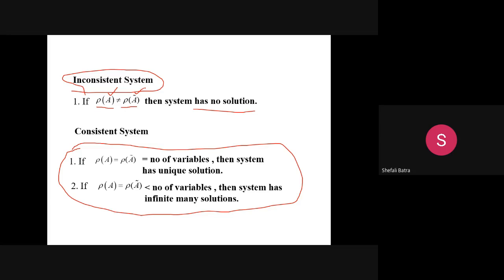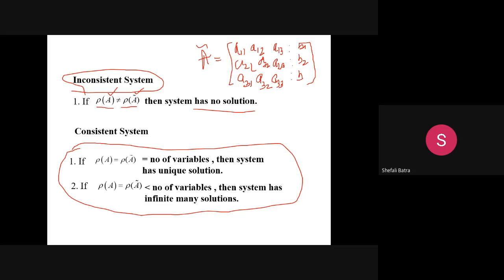So when you solve the system of equations, what will you do? You will directly write the augmented matrix. If you have three equations with three unknowns or variables, you will write the augmented matrix: a11, a12, a13 and b1, a21, a22, a23 and then b2, a31, a32, a33 and b3.